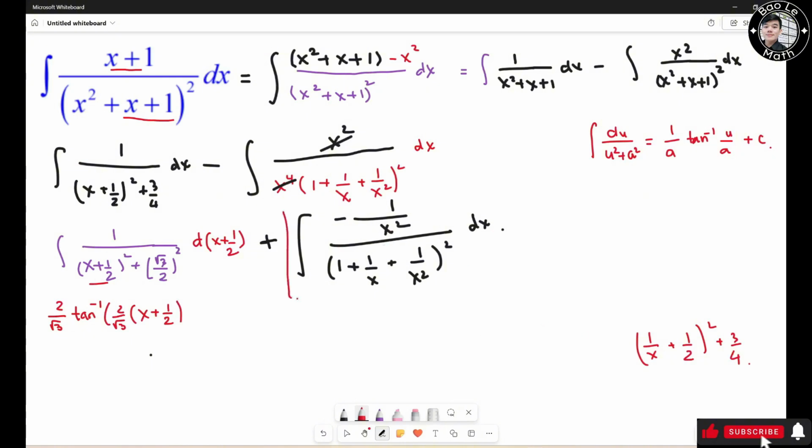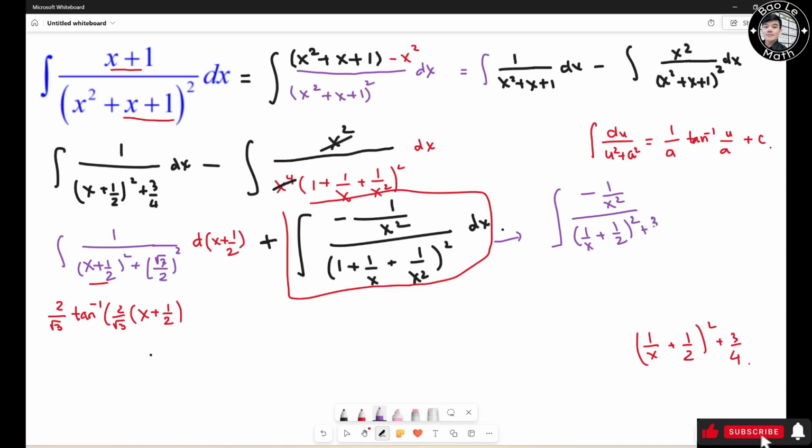This one turns out to be the integral of negative 1 over s squared over this expression, where I replace the denominator with this, so it could be 1 over s plus 1 half square plus 3 over 4 altogether square ds. Now this 3 over 4 I can write as root 3 over 2 altogether squared.